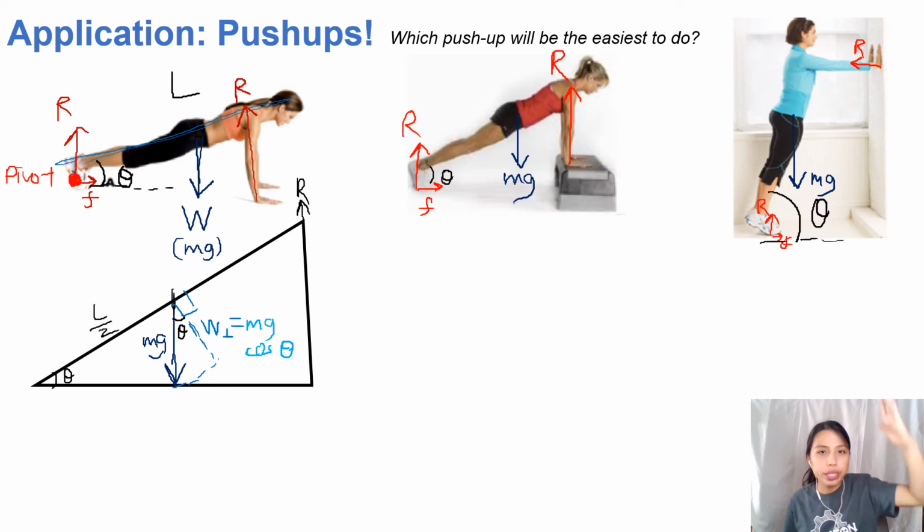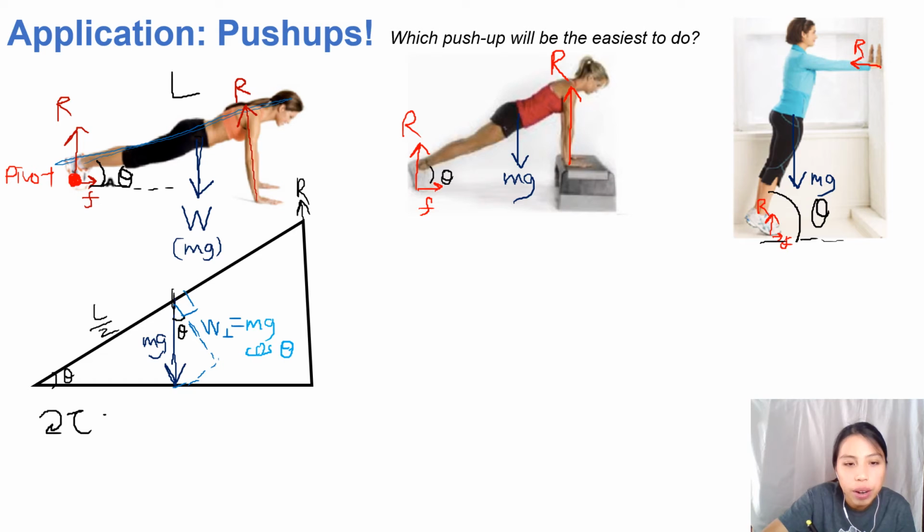The weight of your body is going to pull the body down. So how much force do we actually need? Let's write it out. This will cause a clockwise torque: perpendicular force times distance. We already found our perpendicular force, which is the perpendicular weight, mg cos theta.